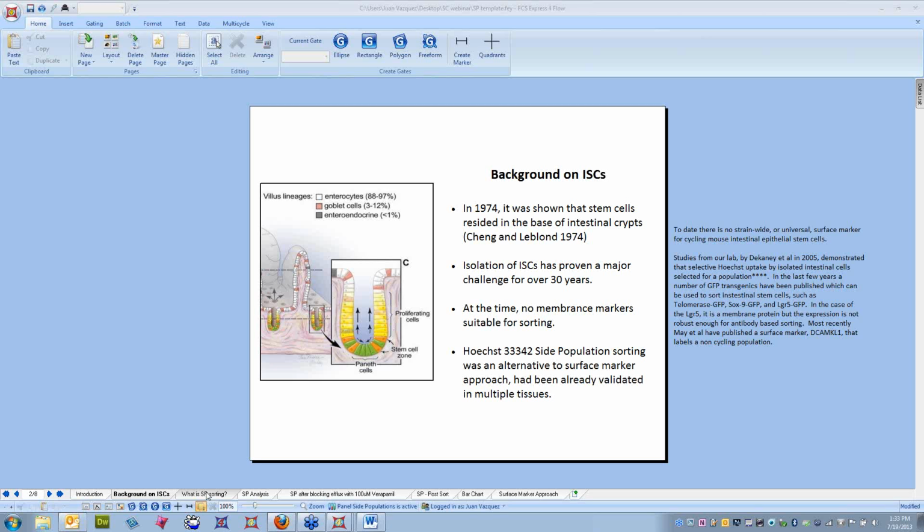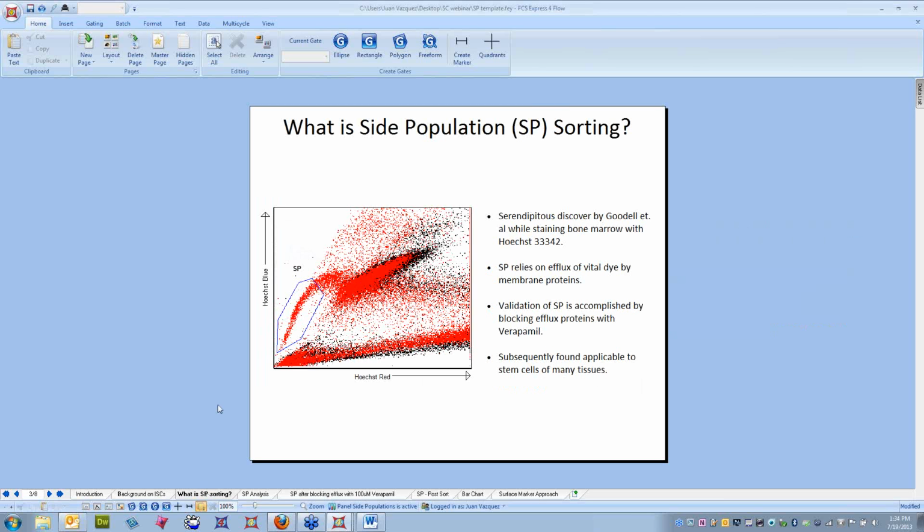It was a serendipitous discovery. She was staining bone marrow cells for DNA content and noticed that there was a small fraction of these cells that wouldn't absorb the dye. This percentage happened to match up with what they expected for the percentage of bone marrow stem cells. And so this became an alternative to a surface marker approach.